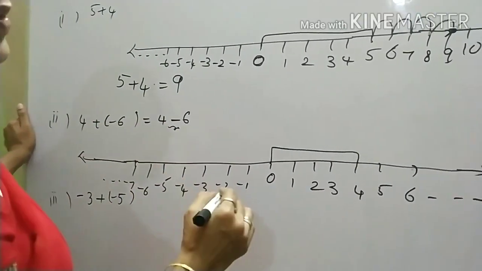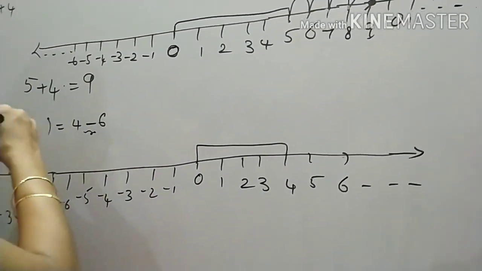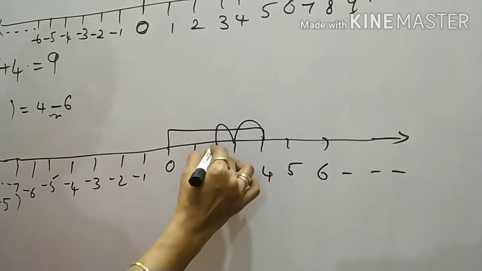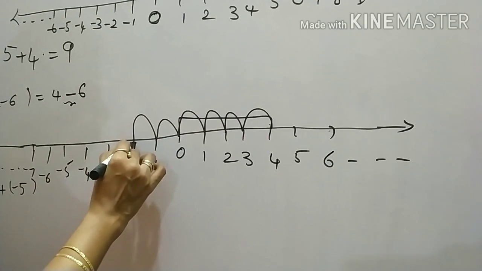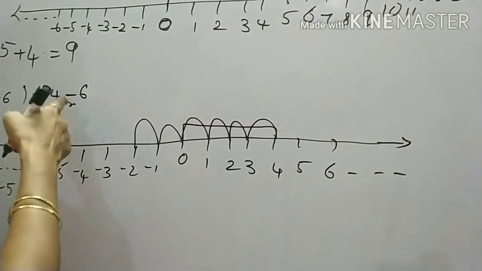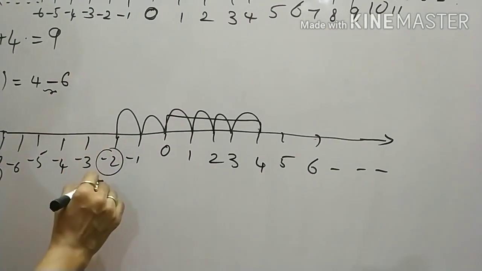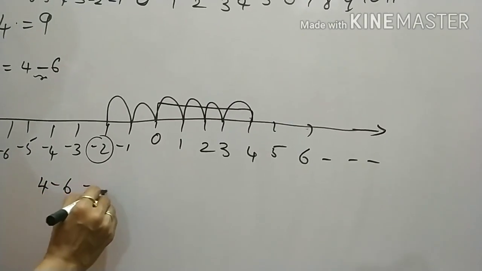So you have to move 6 steps backward, and backward means left hand side. So what is this one? 1, 2, 3, 4, 5, 6. So I am moving 6 steps from 4 towards left hand side. Why? Because we have minus. So here what is the number? Minus 2. So your answer is 4 minus 6 equal to minus 2.